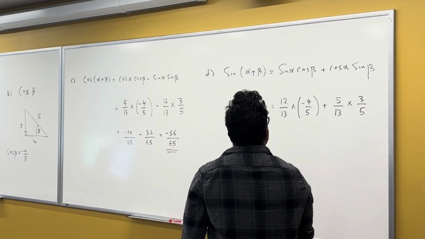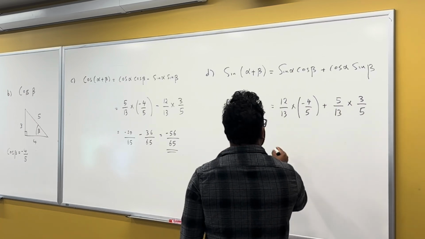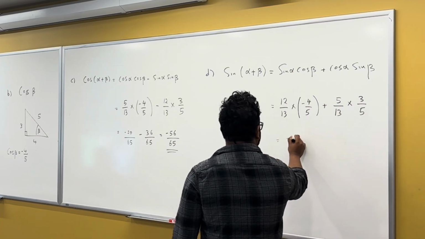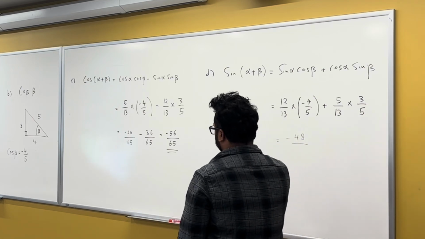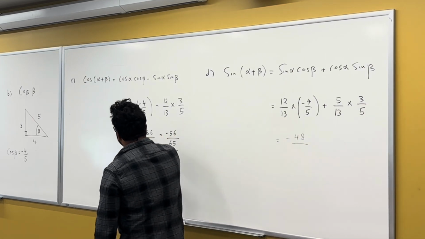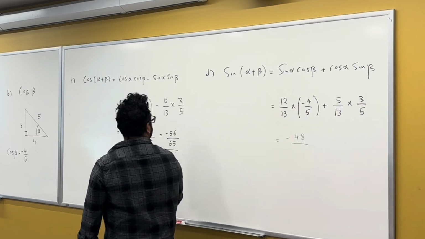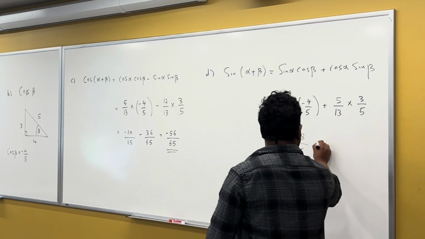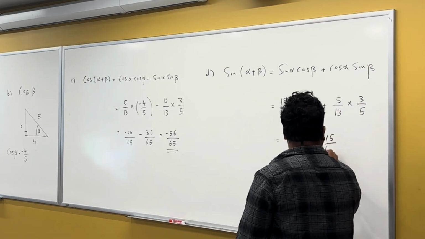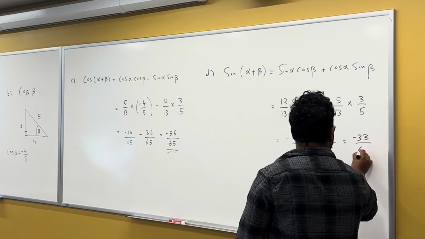It's just four numbers you multiply differently and get different answers. Okay, 48. But those different answers really make sense. This number is like cosine of the sum of those two angles. This is 65, this is 15 over 65, and simplified, it's negative 33 over 65.